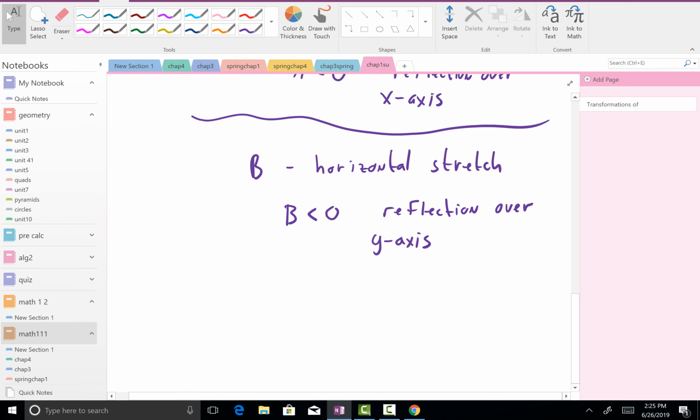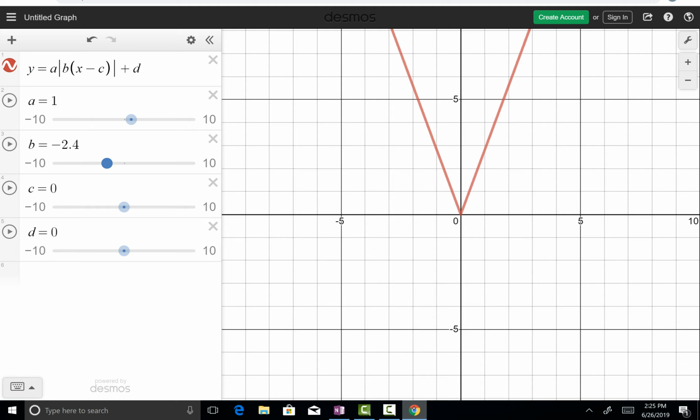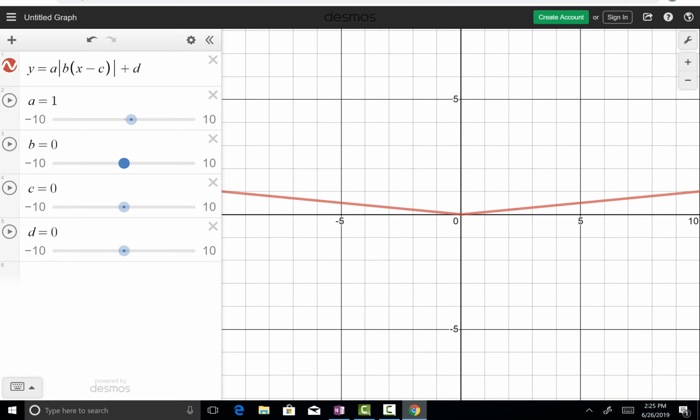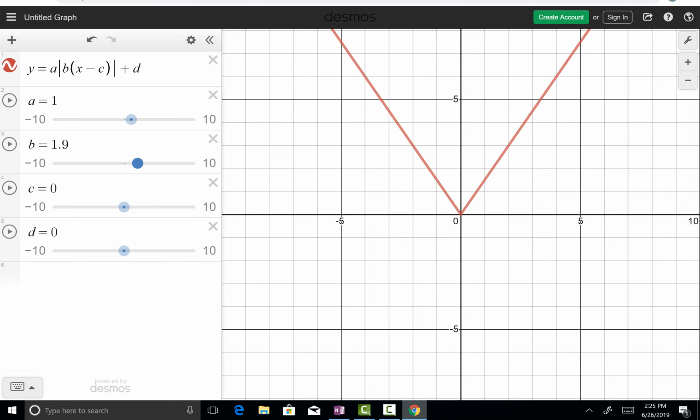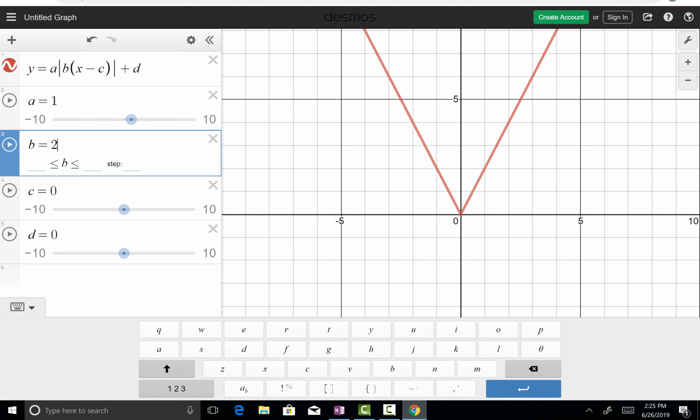So b is a horizontal stretch. You just don't see it very well because this graph is symmetric, so it's hard to see that. And like I said, we'll go through and play with some numbers and you'll kind of see what's going on. There's also another interesting thing here about b, but I want to play with the numbers first and then we can talk about that. Let's get b back to 1 here.